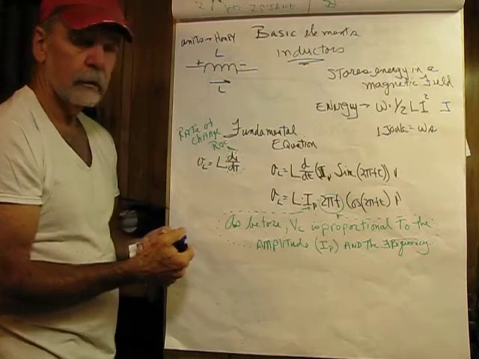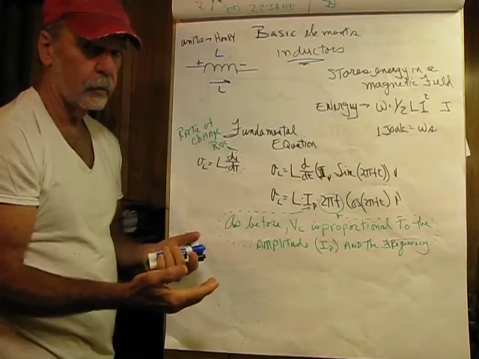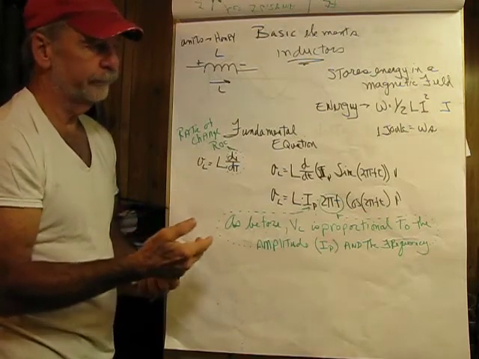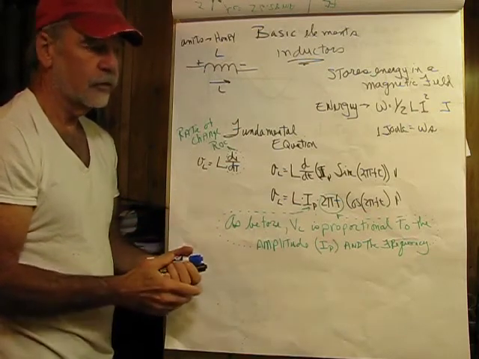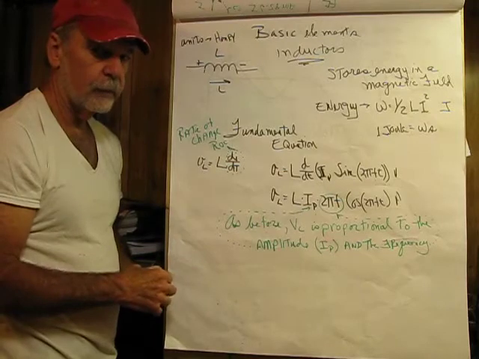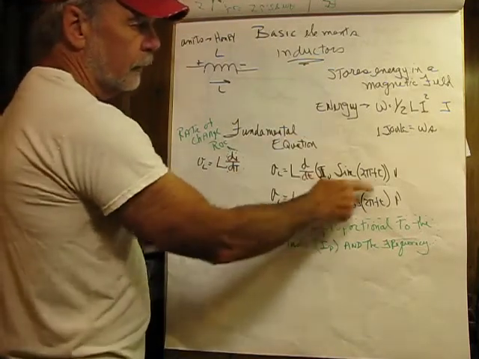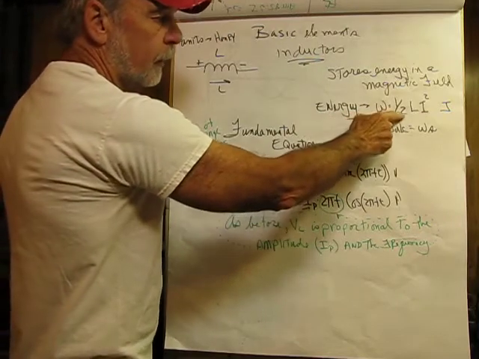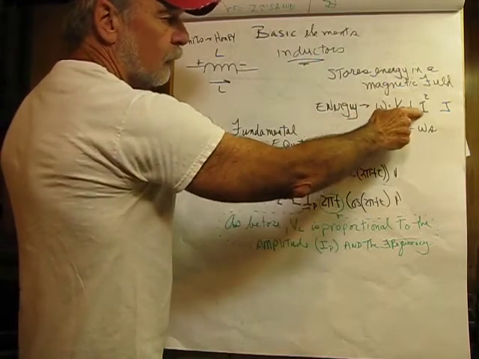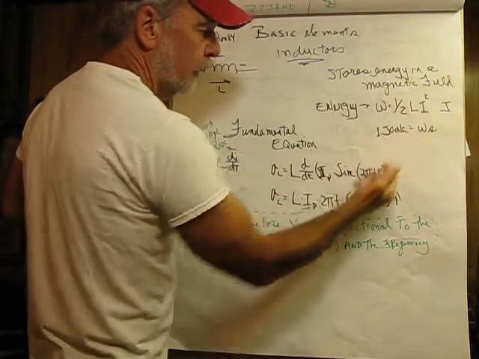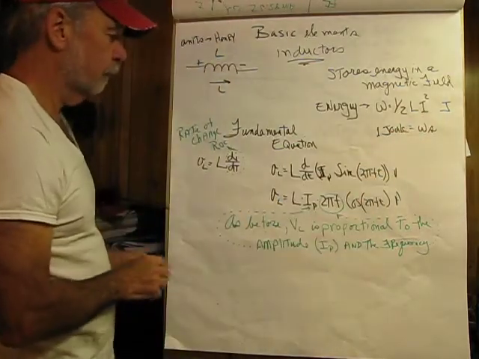And thank goodness, or our spark plugs in our cars wouldn't work. So that's the function by which we get sparks and other high voltage kicks that are sometimes useful and sometimes very destructive. So the energy stored in an inductor is the energy equals 1/2 L, the inductance, times I squared, and again the unit is joule, where that equals 1 watt-second.